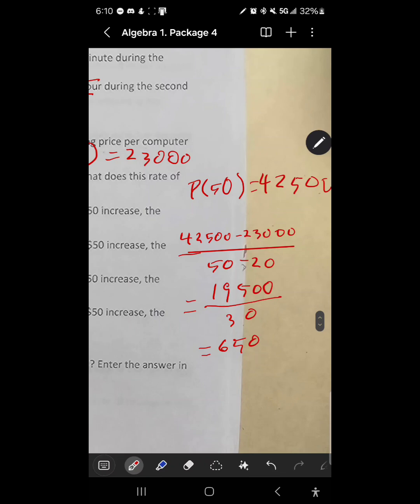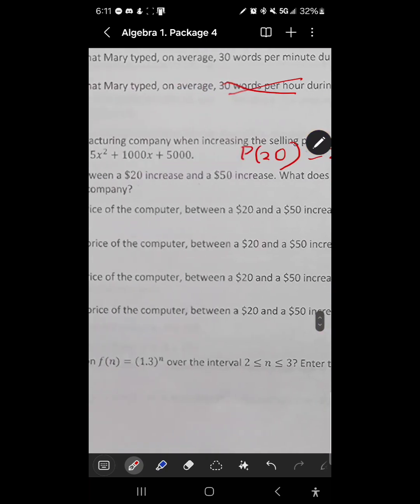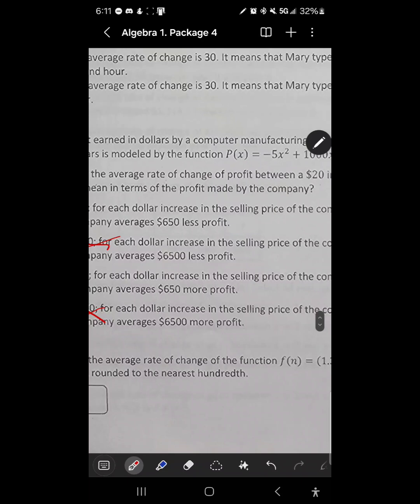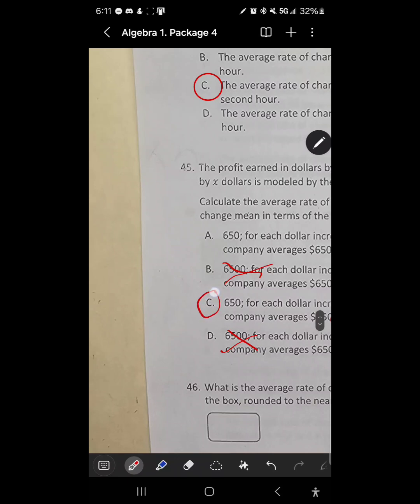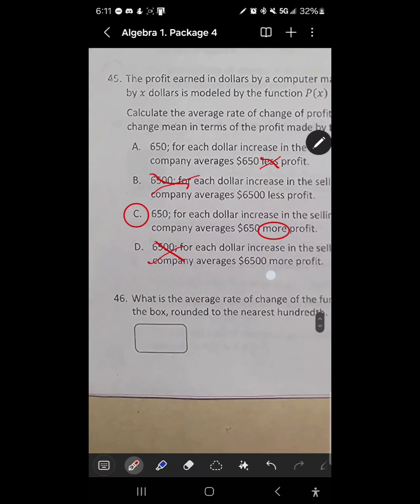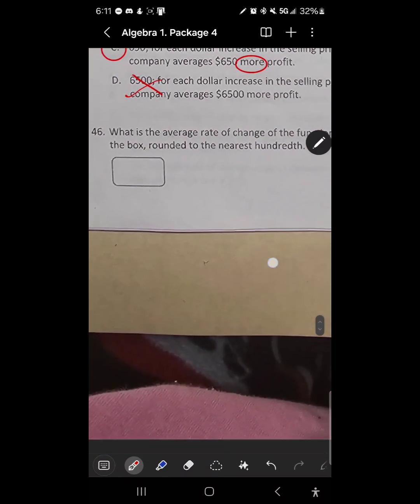Now, as you can see, we actually got a positive result. So since we got a positive result, we are going up. It means that we're gaining, we are getting more of it. So this will be the answer, and this just wouldn't make sense because we got a positive result. So it is C.